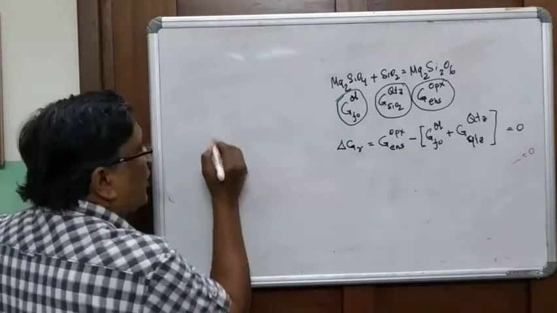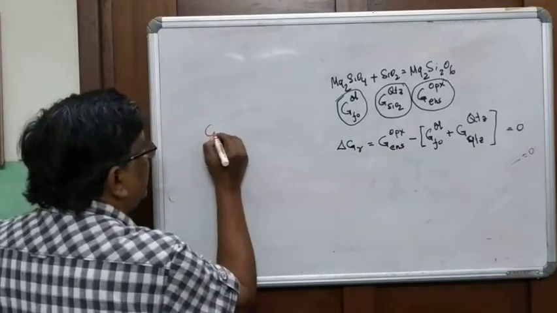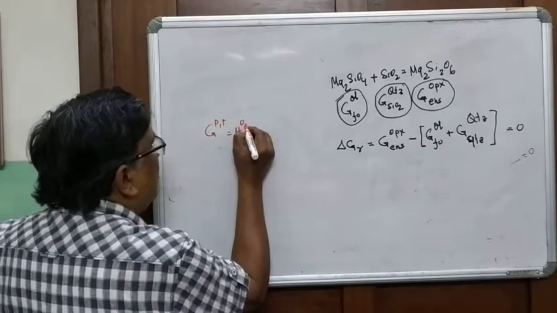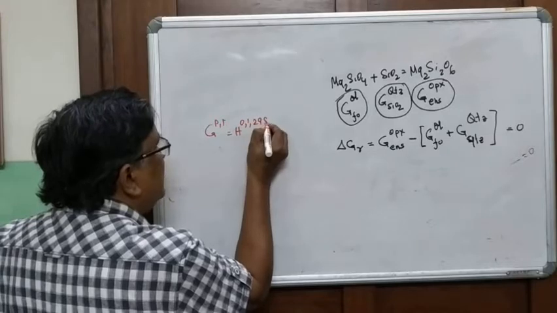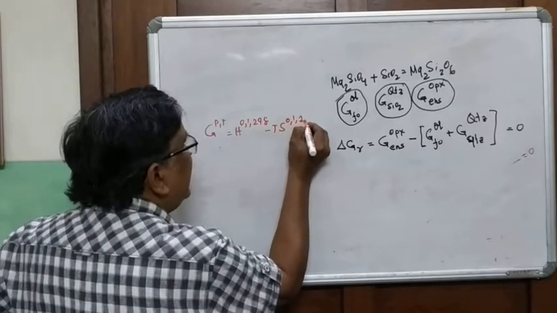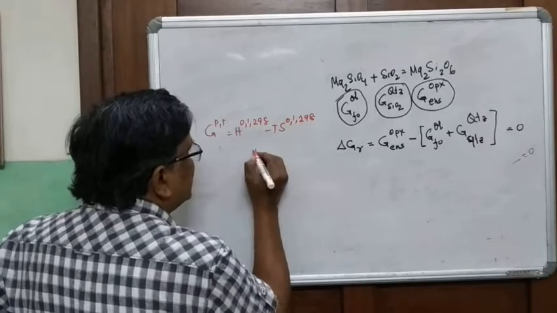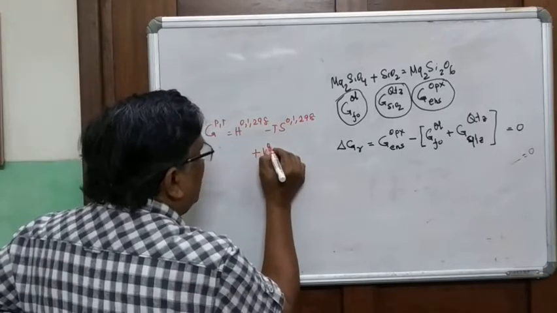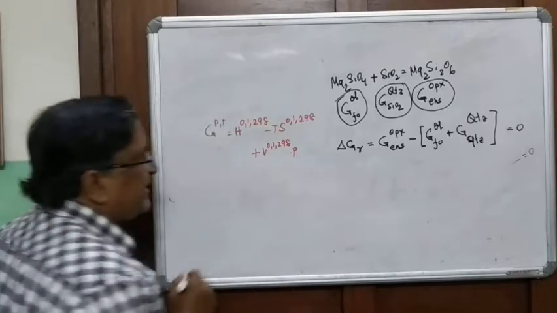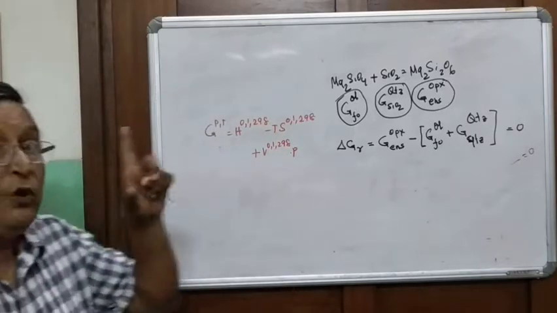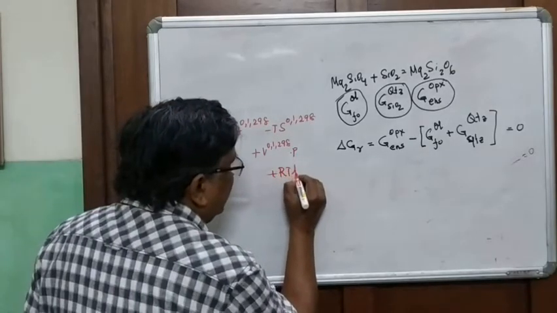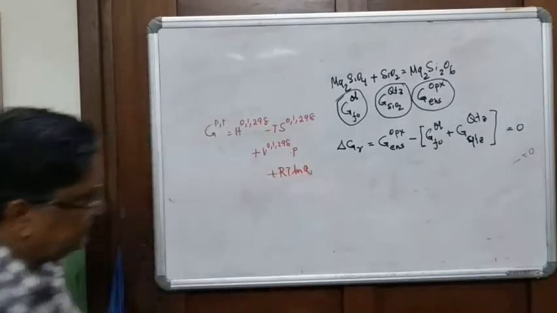You know, for every phase component, GPT is equal to H0 1 298 minus TS0 1 298 plus V0 1 298 into P. That's our expression if it's a pure phase. If it's an impure phase, you have plus RT ln activity. This is your term.